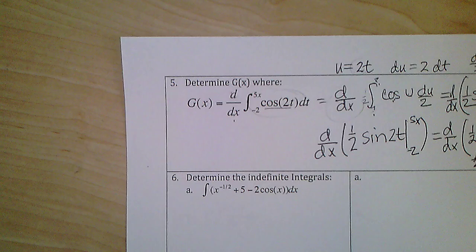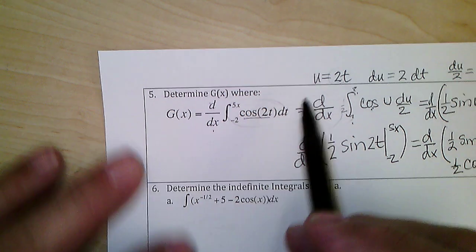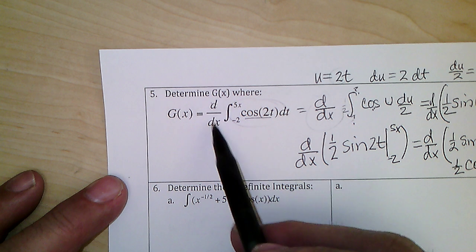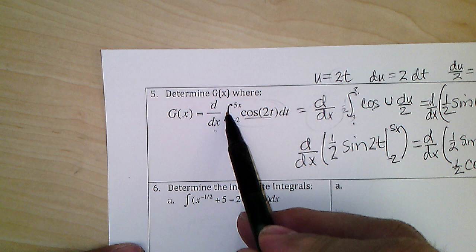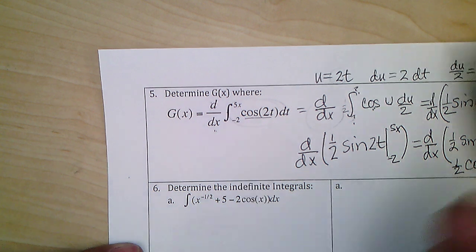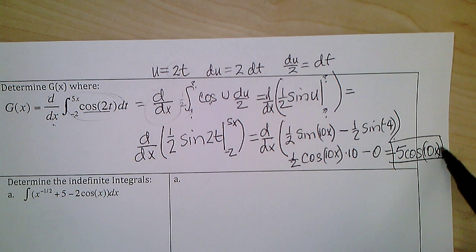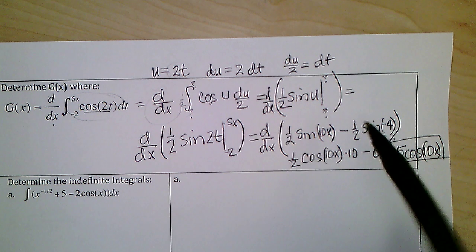Now let's do it the easy way. The derivative and the integral are going to try to cancel each other. And you notice that when we put the -2 in, it became a constant that we lost because we're taking the derivative of it.